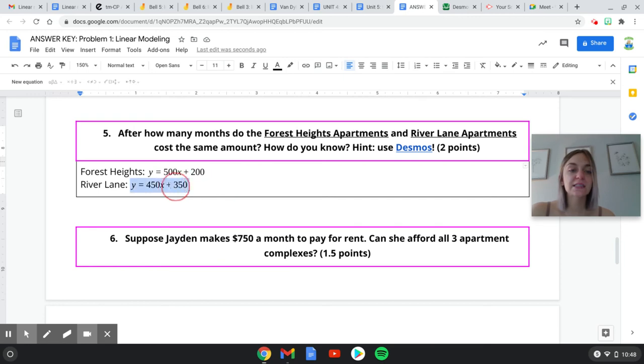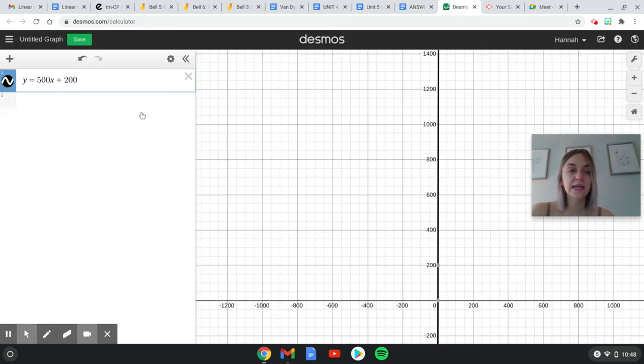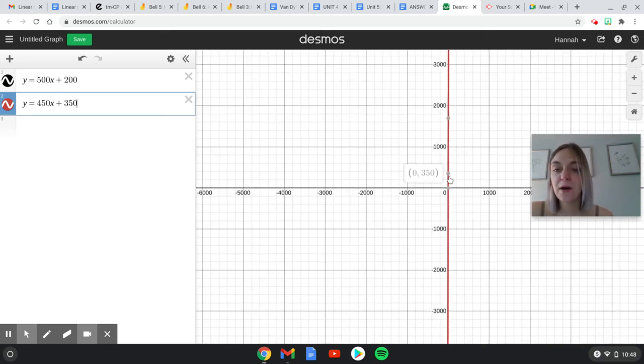Where they intersect tells me the cost is the same. So I'm going to zoom out a little bit. Again, I don't really want to find a 0 in my ordered pair right now, because zeros in this case just tell me where my graphs intersect the X and Y axis. So if I click on this, I have a 0 here.